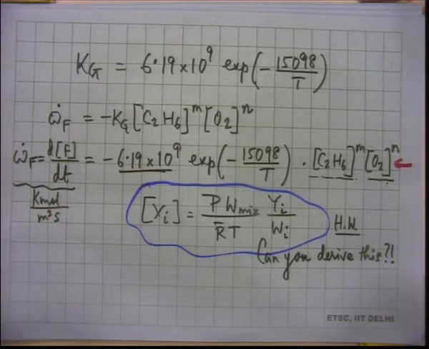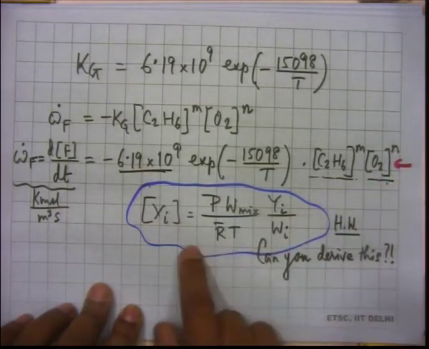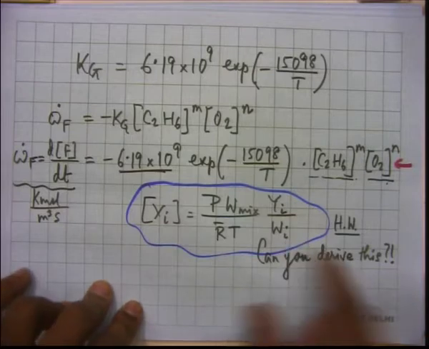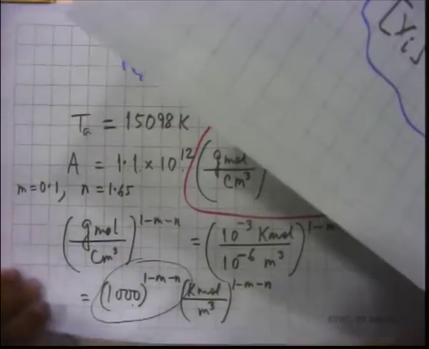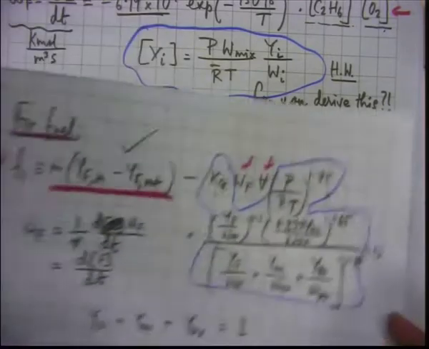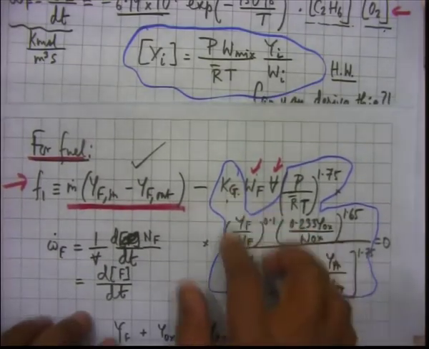And the species equation has all mass fractions, the way we formulated it yesterday. That is why we want to get rid of the concentrations and bring the mass fractions. Okay. So, if you do that, we will get this also.